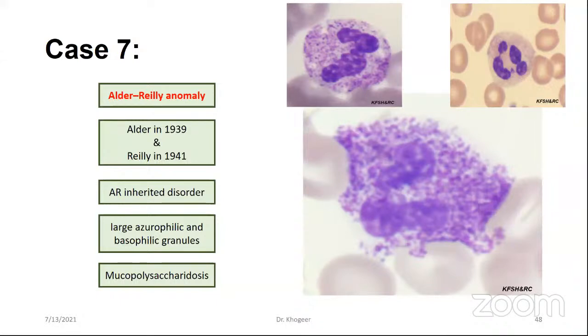However, these cells should not be confused with the toxic granulation in the neutrophil, which is characteristically present, as we said before, in the background of sepsis, and can be seen in the background of infection or myeloid growth factor therapy.